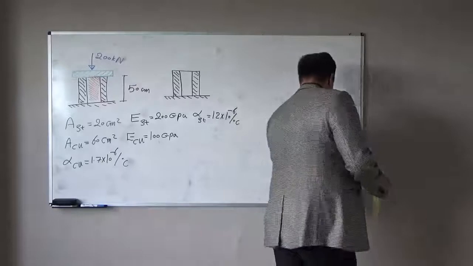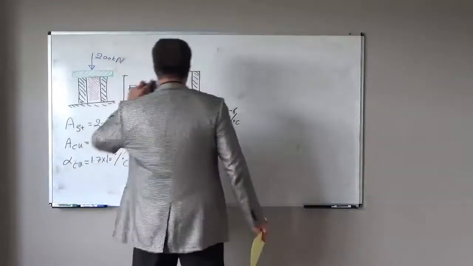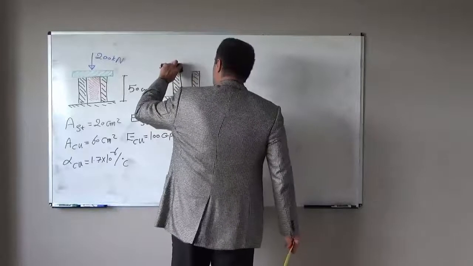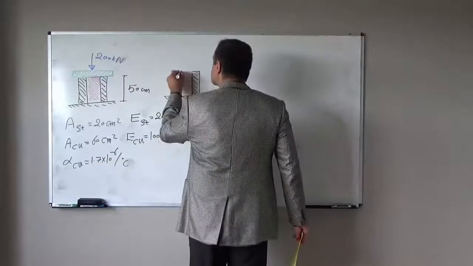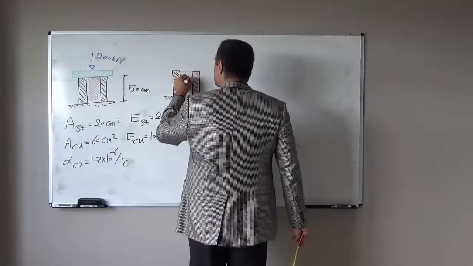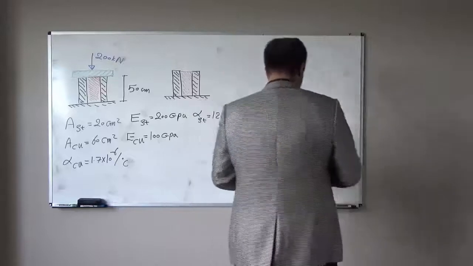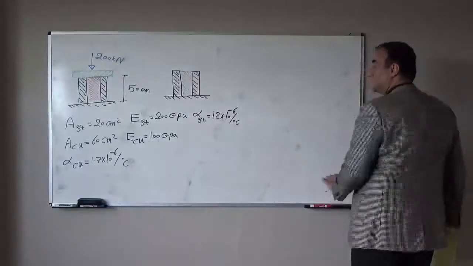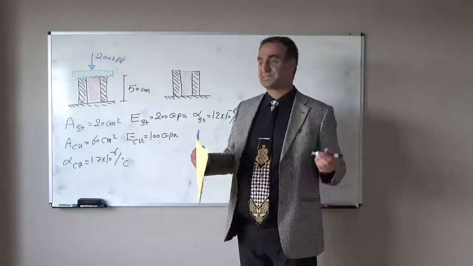Initially, the length is equal for the hollow cylinder and solid cylinder, one of them steel, another copper. If it is free and we increase the temperature, both will deform, we will have expansion.